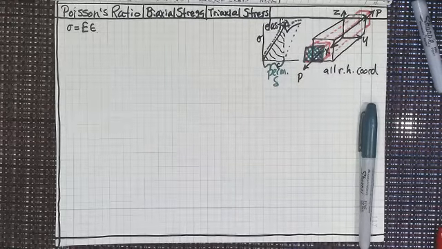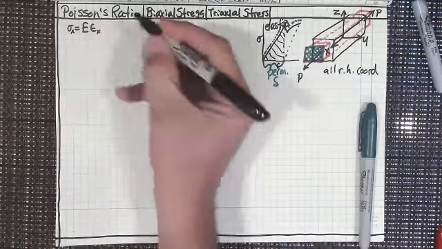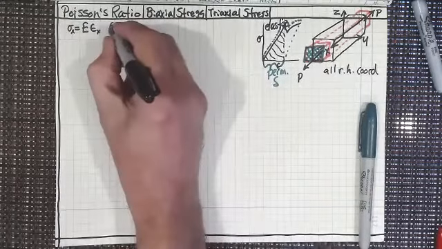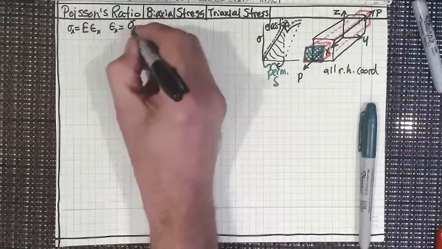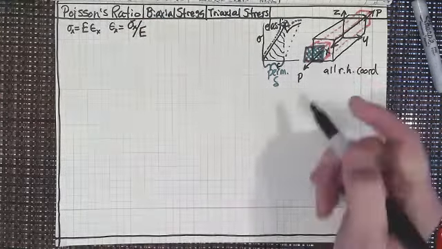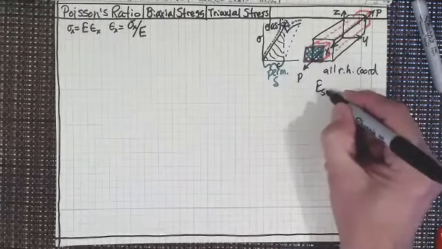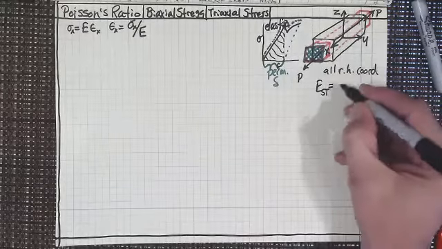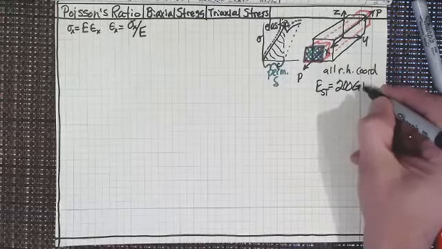What is the strain in the x direction? Well, let's just look at this, right? So the strain in the x direction is going to be the stress in the x direction divided by the modulus of elasticity. And when we think of the modulus of elasticity for steel, it is about 200 gigapascals.